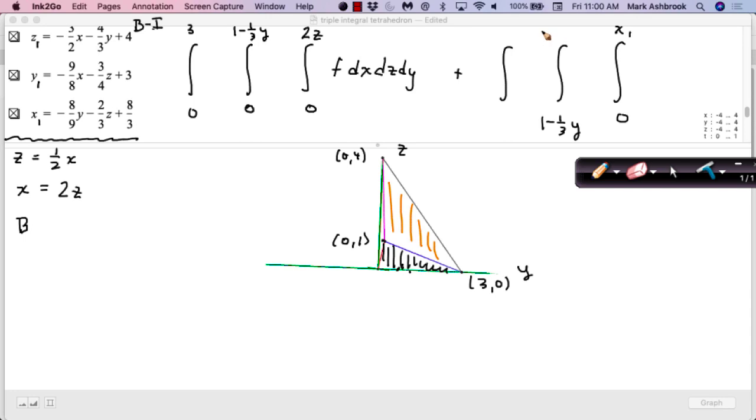Well, that looks like 4 minus... 4, is it 4/3 or 3/4? 4/3. Now this is the orange, so now when we come out x1, which is our slanted plane, the double integral has to be the bottom of that projection. So 1 minus 1/3 y is this here, to 4 minus 4/3 y is this here, and then from 0 to 3 again.